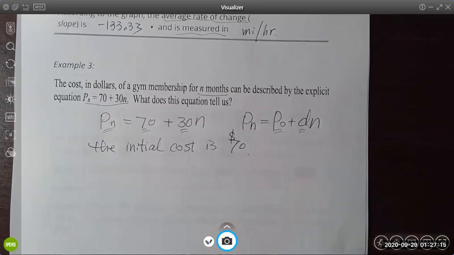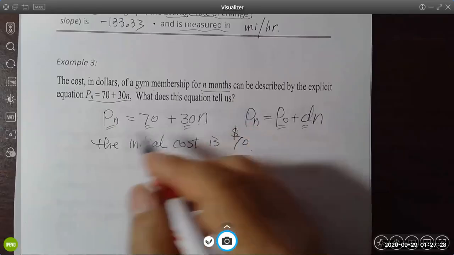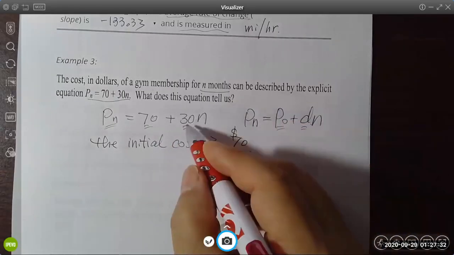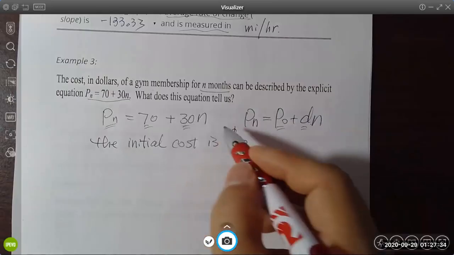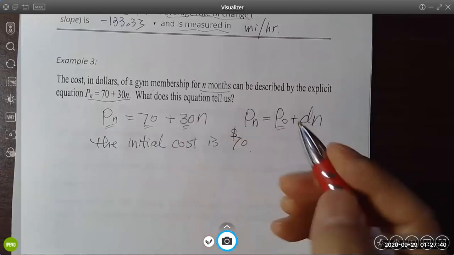That means you don't have to use it, but you have to pay $70, like a starting fee, something like that, to get you started. Now, thereafter, each month you need to pay $30. That's why this is called growth rate. It grows with time. This is called rate of change. Each month you need to pay $30.